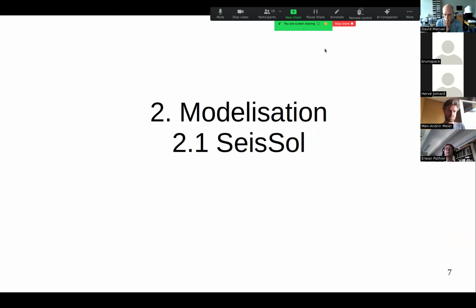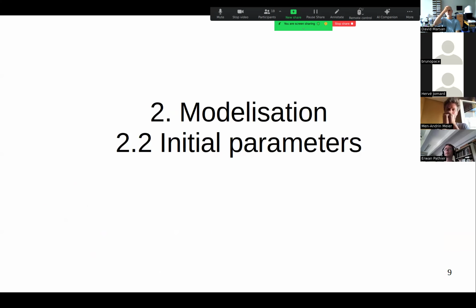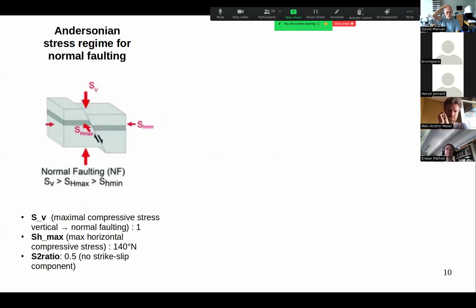For the modelization, I'm using SeisSol, which is an open source software for the simulation of seismic wave phenomena and earthquake dynamics. For the initial parameters, we are under an Andersonian stress regime for normal faulting.